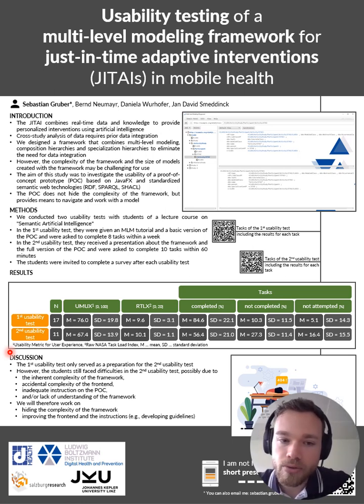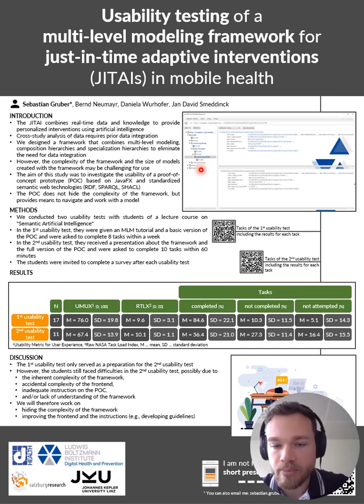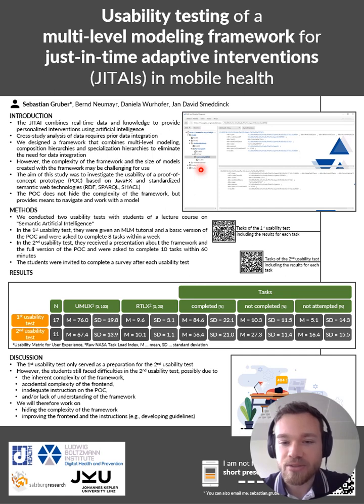It may also be due to the accidental complexity of the front end. For example, for adding a model element, you have to first select the appropriate model element, or you have to select the model element in order to remove the children of the model element.